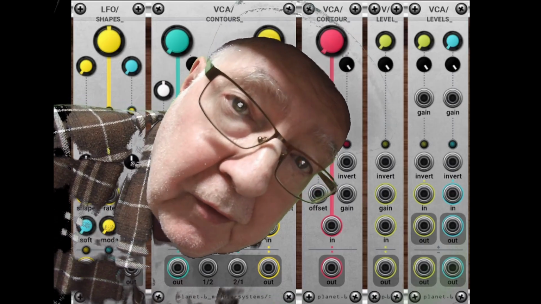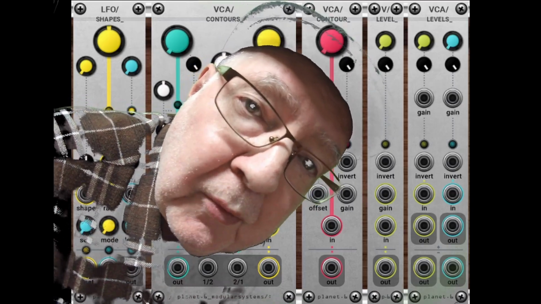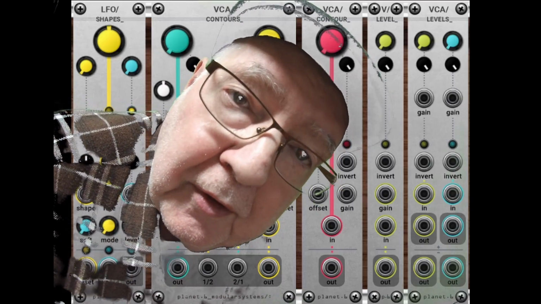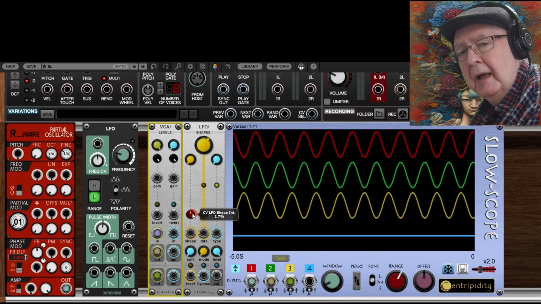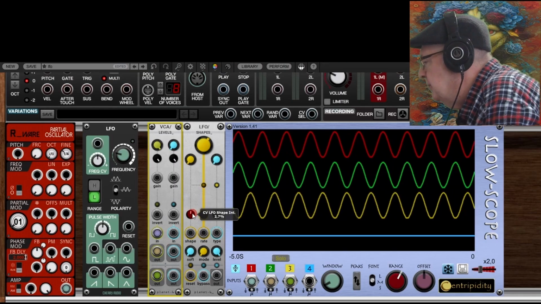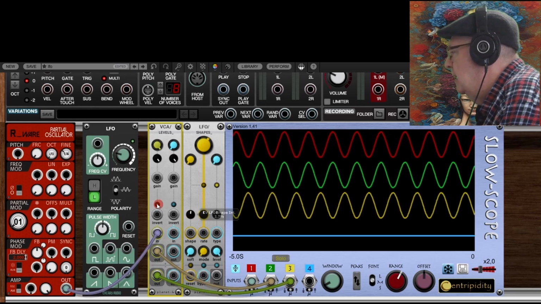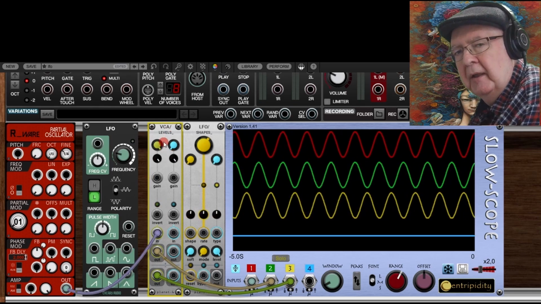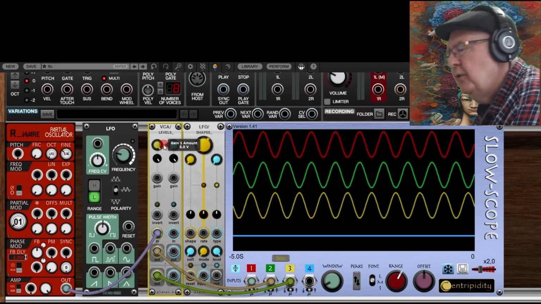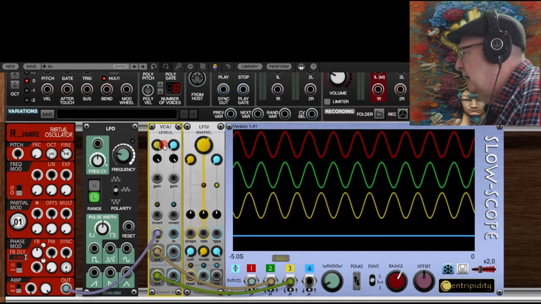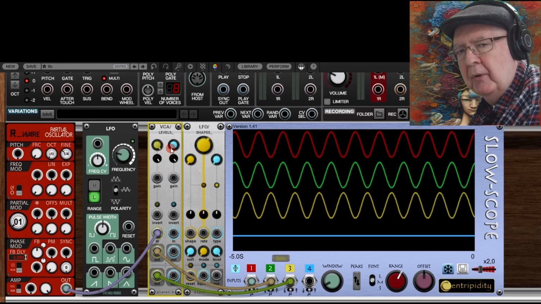There's a single unit version of this module as well. It works exactly the same, but for the fact that the fade function is missing, of course. The last module I'm going to talk about is the VCA levels module, and again it comes in two versions, one with only one unit and one with a double VCA, and I'm using the double one here.